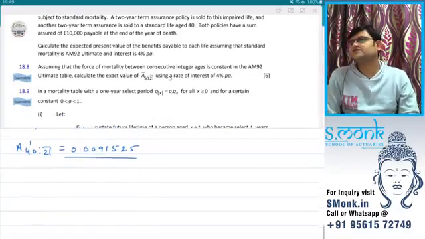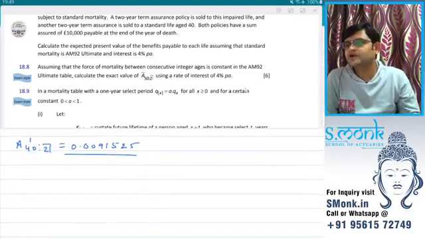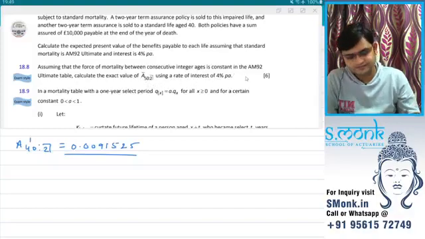Assuming that the force of mortality between consecutive integer ages is constant in AM92 ultimate table, calculate the exact value of A bar 52 using a rate of interest of 4% per annum.